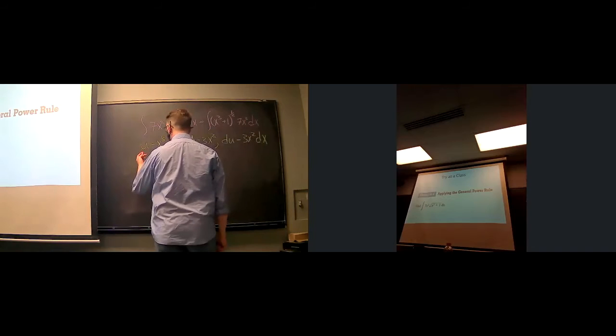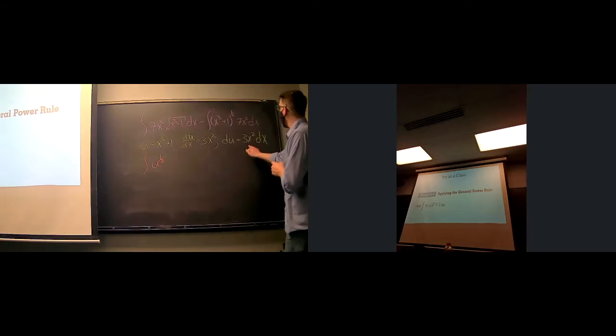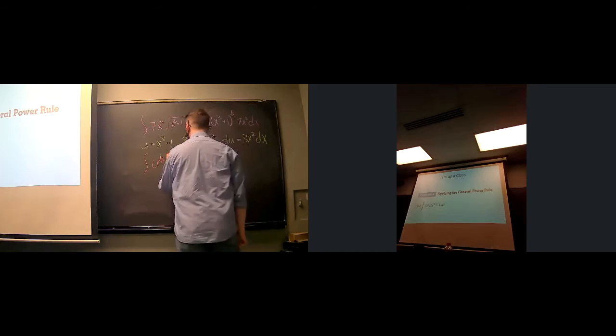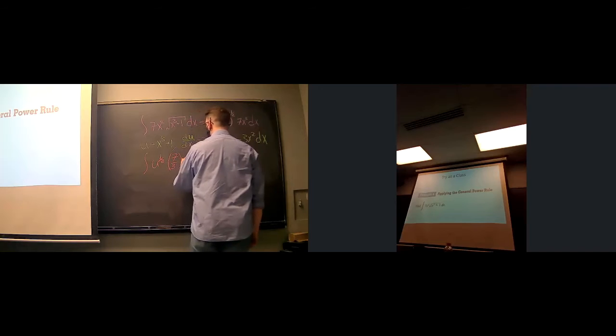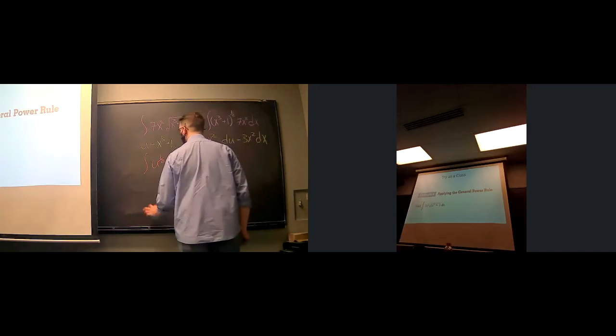So right on the first little bit of this, pretty straightforward, right? We're just going to rewrite this as u to the 1/2. Well, we've got 7x squared. We want 3x squared. So we can break up this factor of 7 as 7 over 3 times, let me write it a slightly different way.